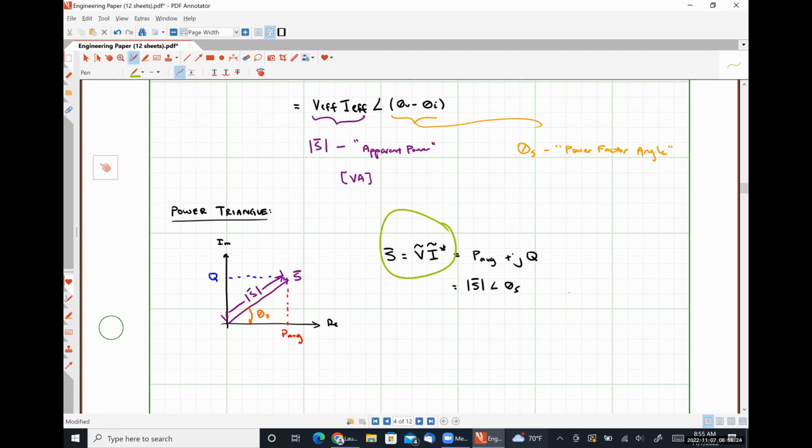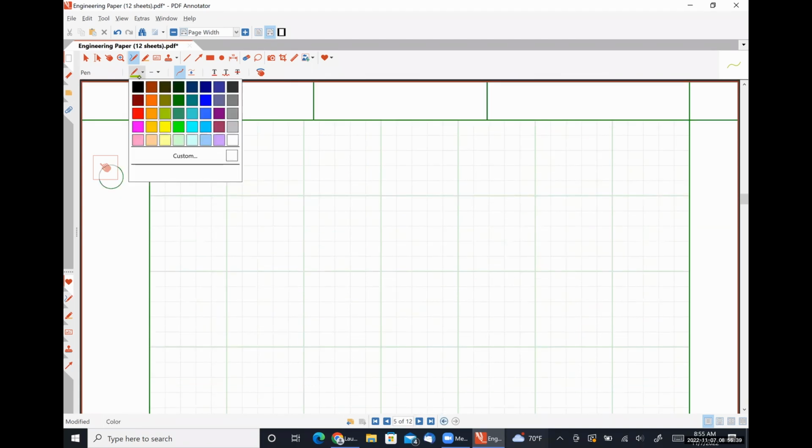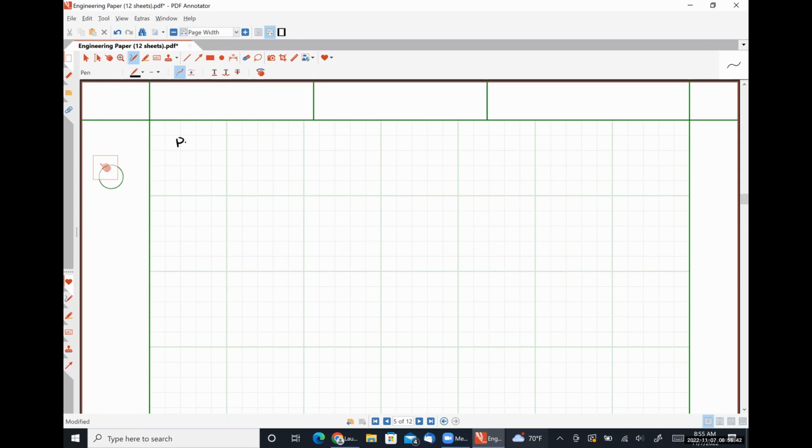All right. There are a few things that we can glean off of this power triangle as well, but we'll revisit that after we talk about the concept of power factor. So the power factor of a particular load is hopefully obviously related to that power factor angle theta s.